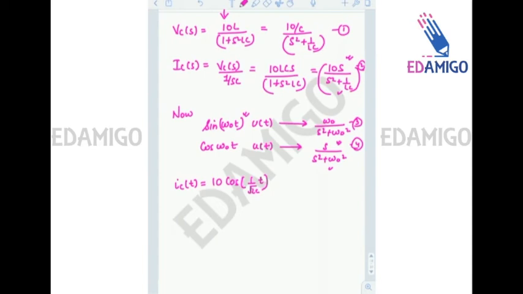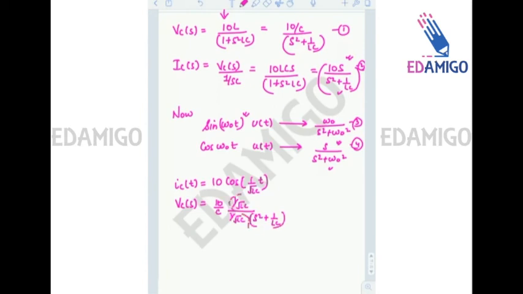by comparing equation number 1 and 3, we can say that VCS will be equal to 10 divided by C. We will have to multiply by, okay, so VCS can be written as 10 upon C multiplied by omega naught, 1 upon root LC, and we will divide it also by root LC, 1 upon root LC, over S square plus 1 upon LC.